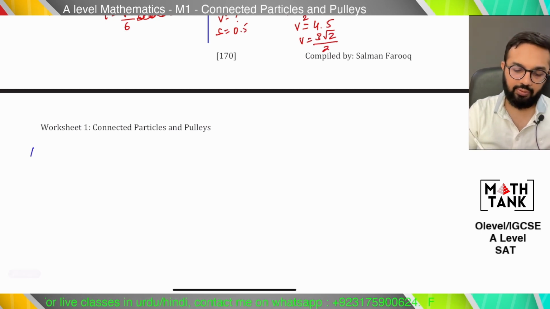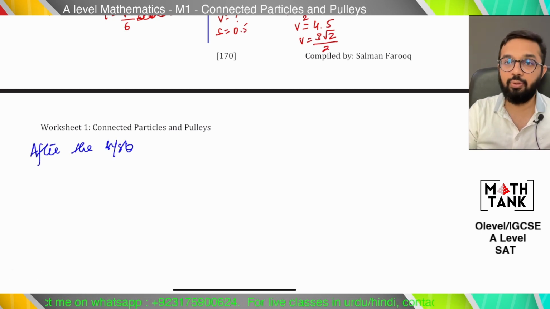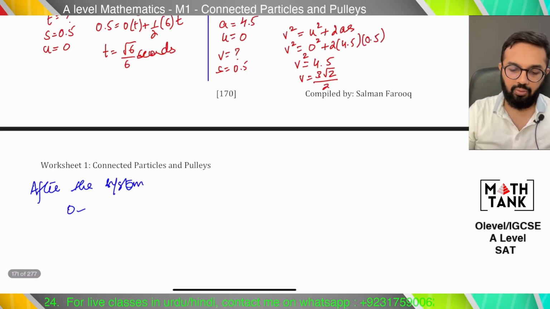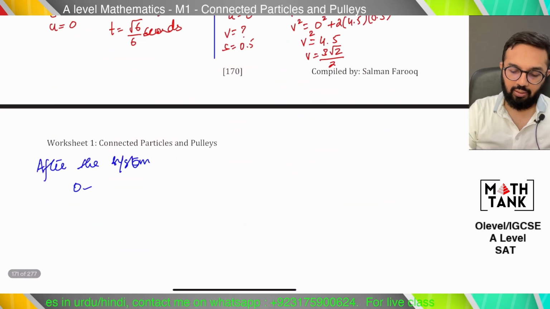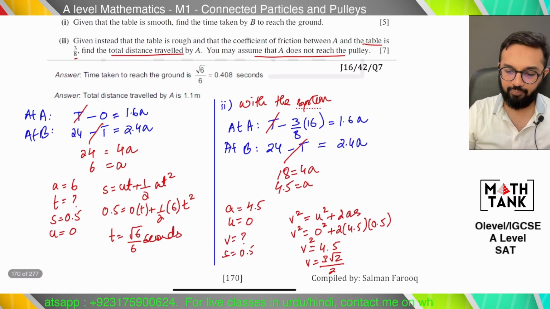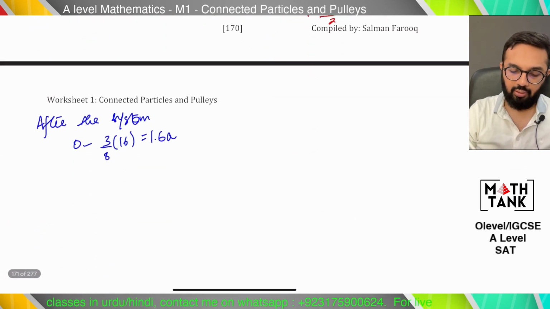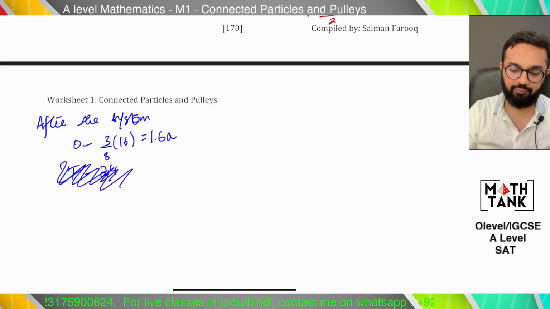Now after the system, the tension is going to go down to 0. So I'm going to say that 0 minus 3 over 8 times 16 equals 1.6a.